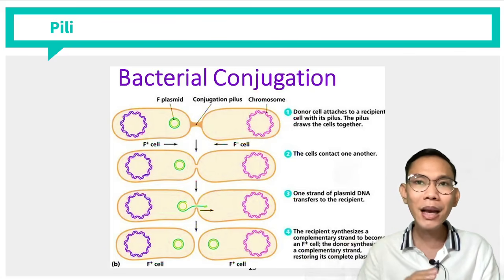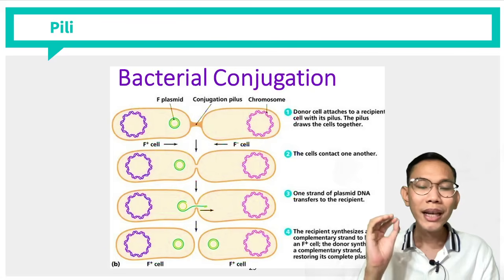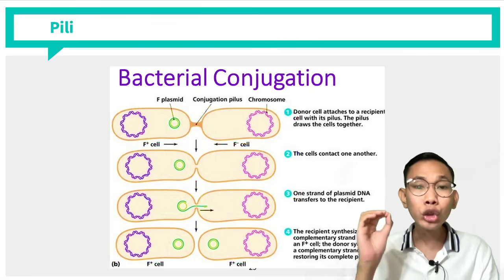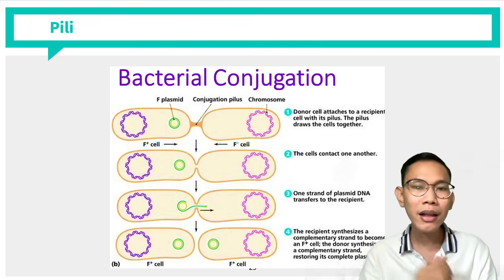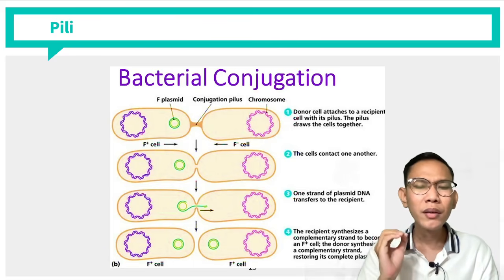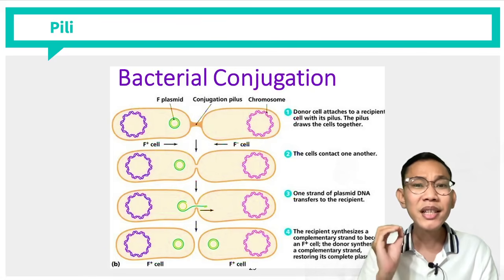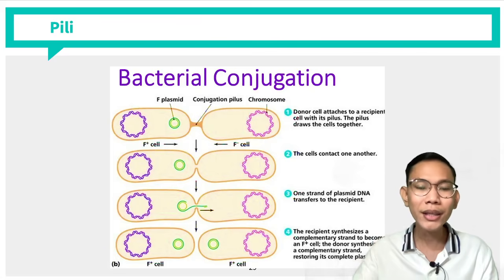So again, pag sinabi natin bacterial conjugation, it is a mechanism or different processes to transfer your plasmid from one donor to a recipient cell. Remember, your plasmid is one of the most important bacterial non-essential components that's responsible for your antibiotic resistance. So tingnan natin.